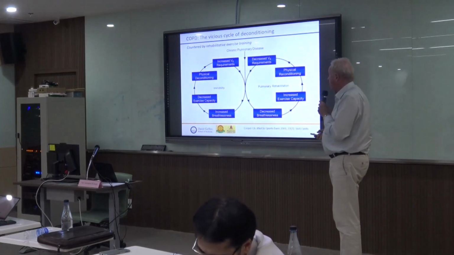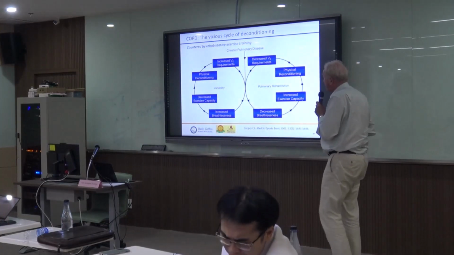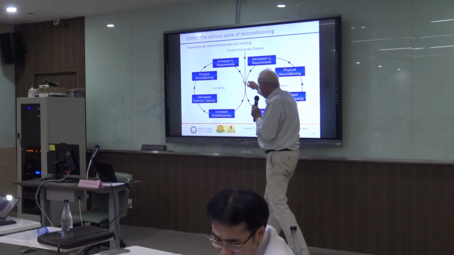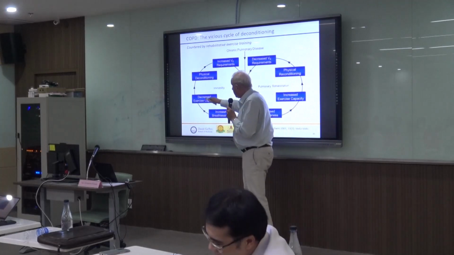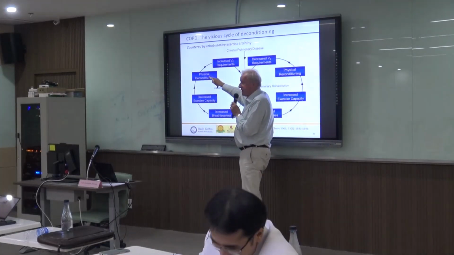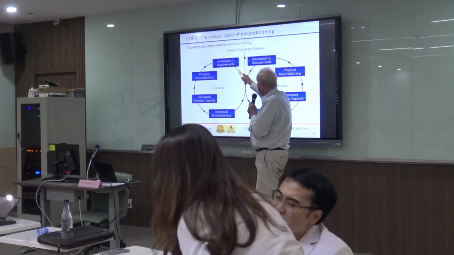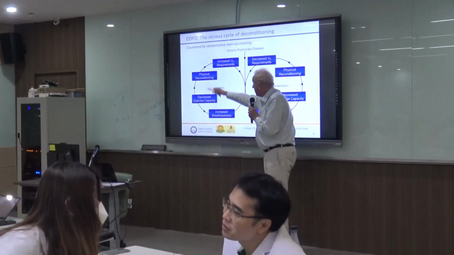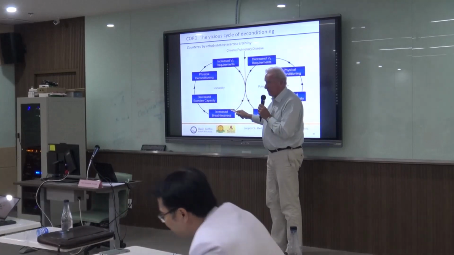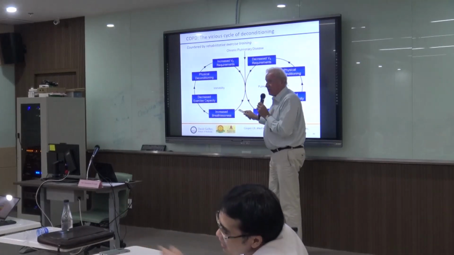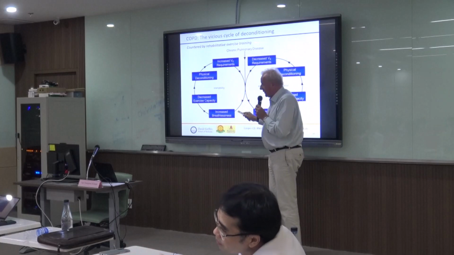Deconditioning, I've more or less described the vicious cycle of breathlessness, decreased exercise capacity, which leads to physical deconditioning, that increases ventilatory requirement through lactic acidosis. It's a vicious cycle, and it reduces aerobic capacity.